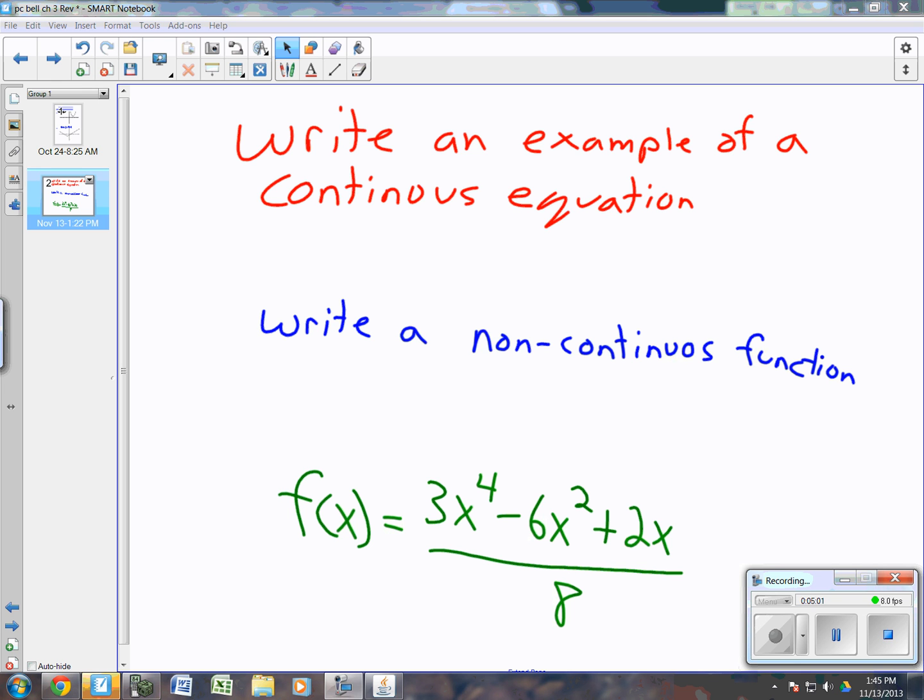Look, this is just a polynomial equation. There's no x in the denominator, so this is not a rational function. There has to be an x in the denominator for it to be a rational function. Any polynomial function goes on forever in either direction. There are no asymptotes to break it up or anything, okay? All right, good.